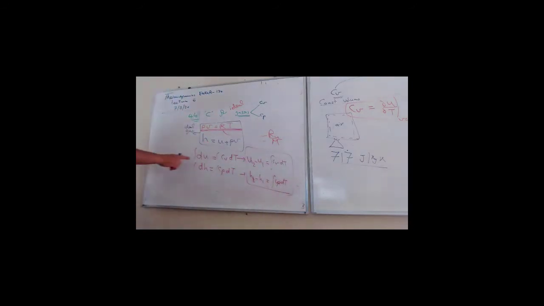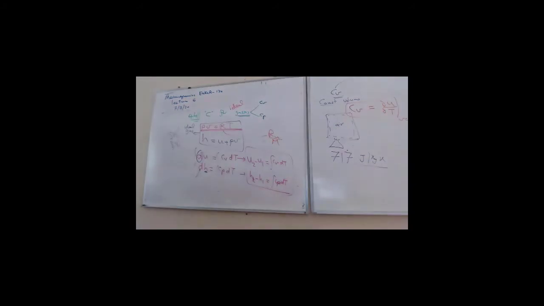Why do we integrate this? Because this is an exact differential. The integration is U2 minus U1. Here, this is exact. This is a property. It's not like delta W or delta Q. They are not properties, so I cannot integrate them directly. I need to write them in terms of properties.